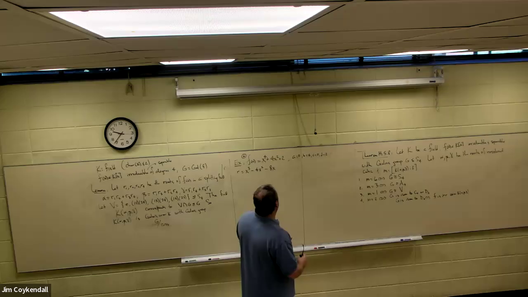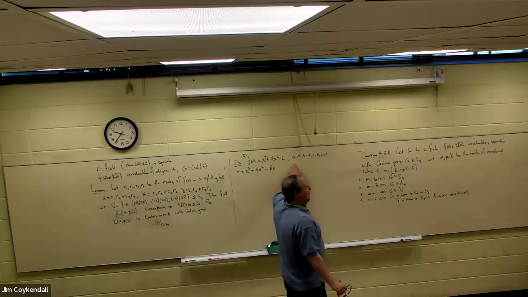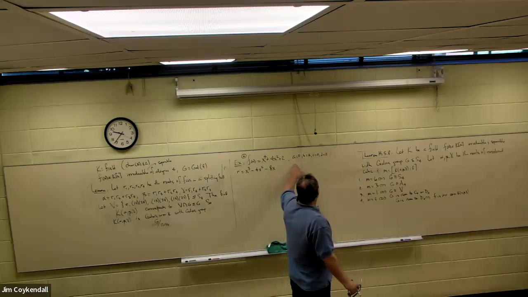And A squared D is 0, 4BD is I guess 32, and C squared is 0.